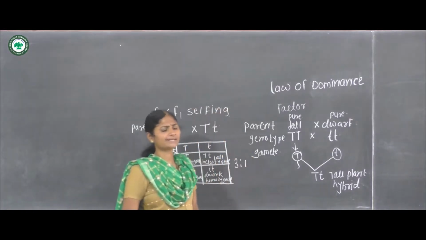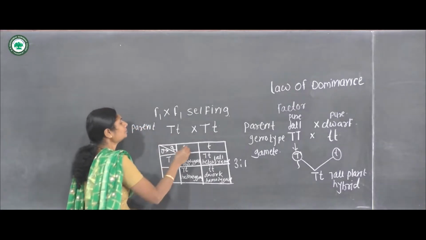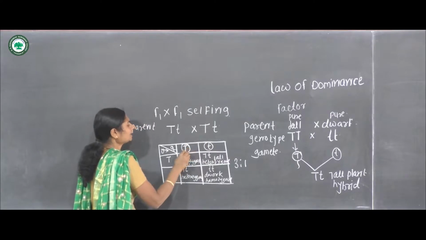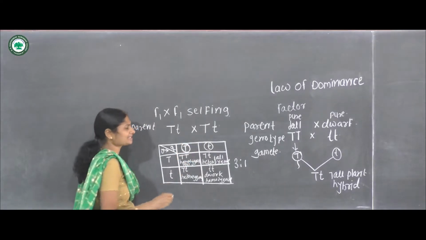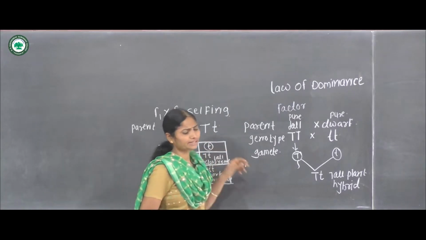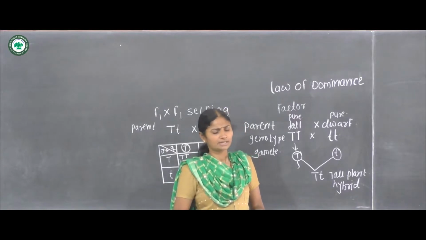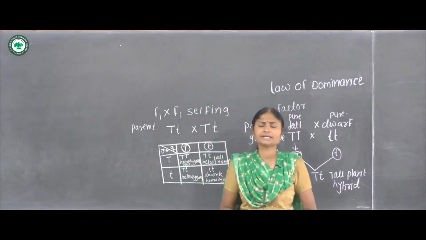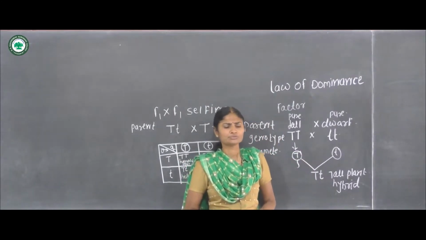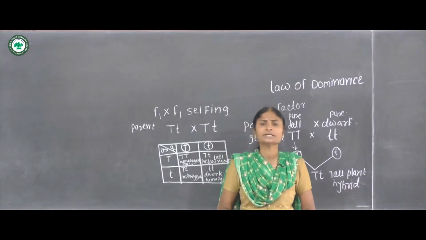One gamete contains the factor for tallness, capital T, and the second contains small t, which represents the factor for dwarfness. In the F2 generation, both tall and dwarf plants appeared in the ratio 3:1.